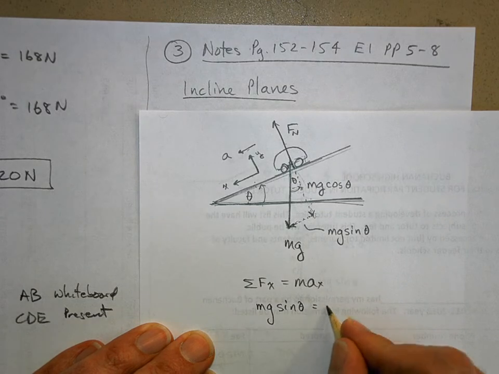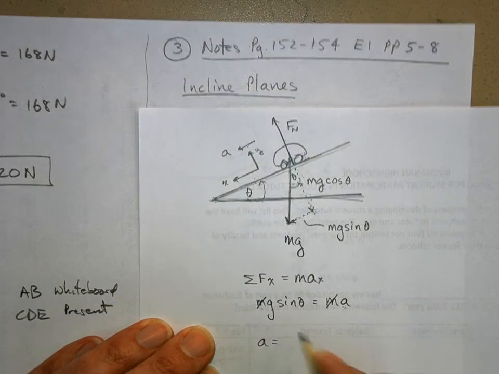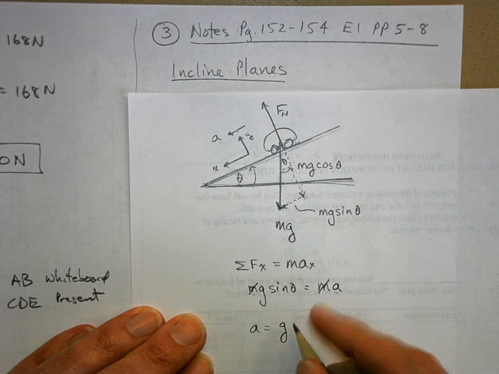But that's equal to ma. Well, what cancels out? What's on both sides? The mass of the car doesn't matter. And so now I can solve for the acceleration. The acceleration is equal to the acceleration of gravity times the sine of the angle of incline.